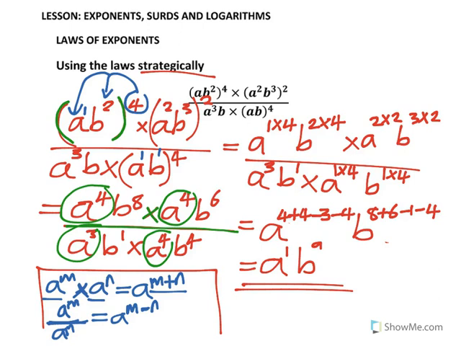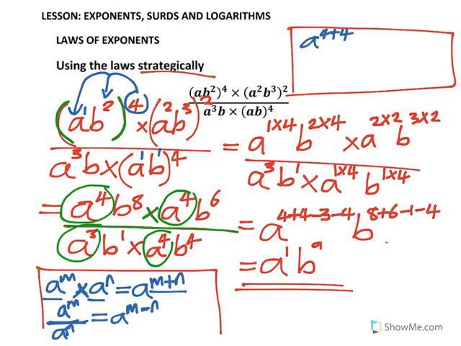Another way of doing it, you could have said, okay, I want to do it differently. I'm going to open this box here. Doing it differently, you focus only on the top, whereby you have a to the power 4 plus 4, b to the power 8 plus 6, all over a to the power 3 plus 4, b to the power 1 plus 4.